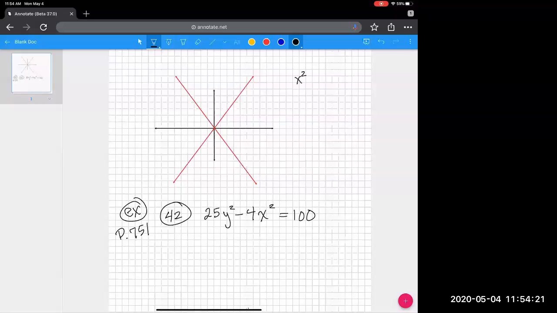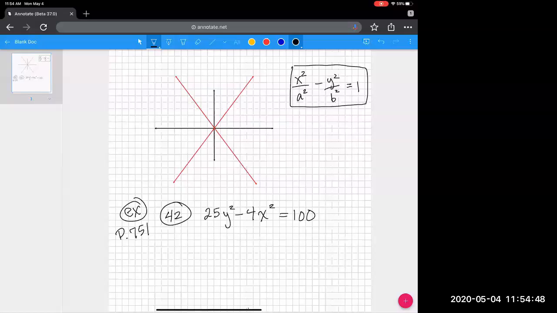I had x squared over a squared minus y squared over b squared equals 1. If they give you an equation like this where there are no fractions in it, they basically cleared the fractions. But we want the format with the fractions in it so we can identify a and b of our graph. So we need to put the fractions back.